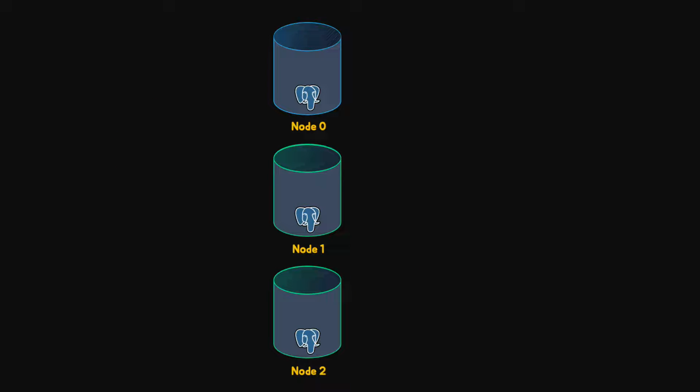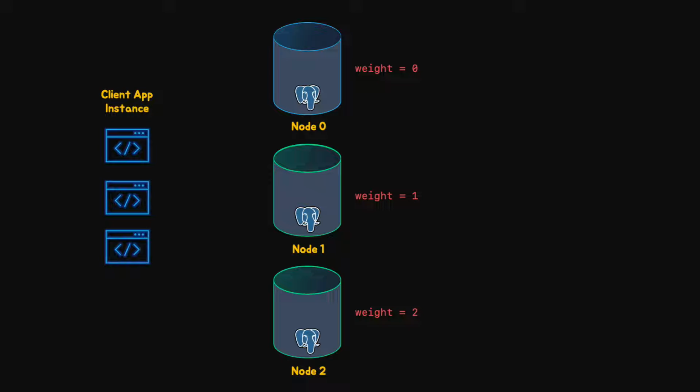For example, if you have 3 nodes and set the weights to 0, 1, and 2 for node 0, node 1, and node 2 respectively, 0 select statements will go to node 0, about 1/3 of the select statements will go to node 1, and 2/3 of the select statements will go to node 2.